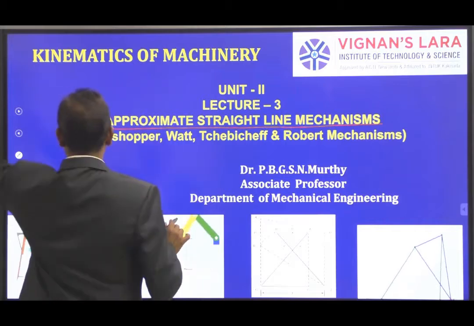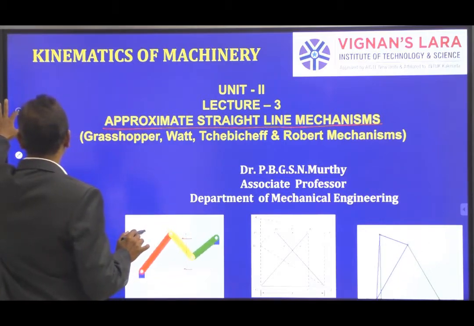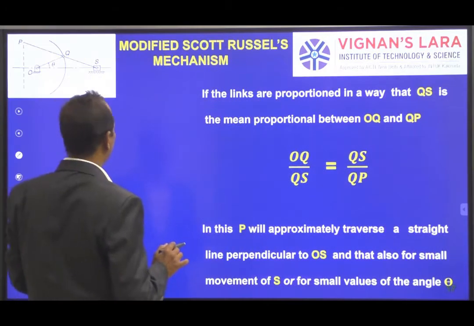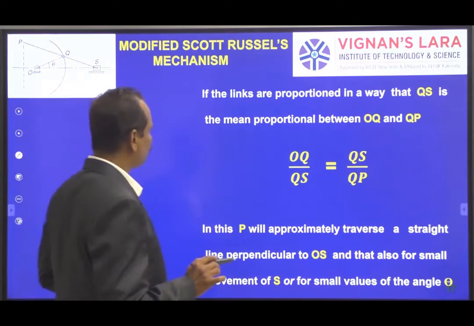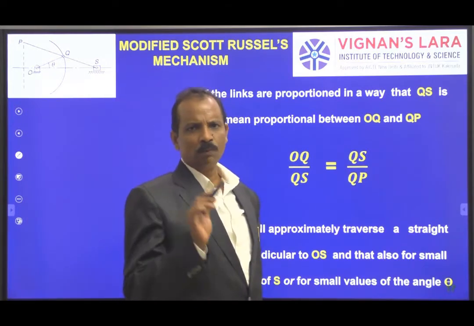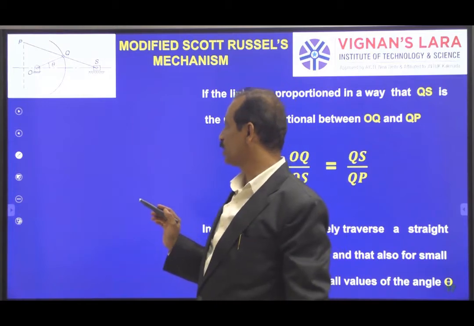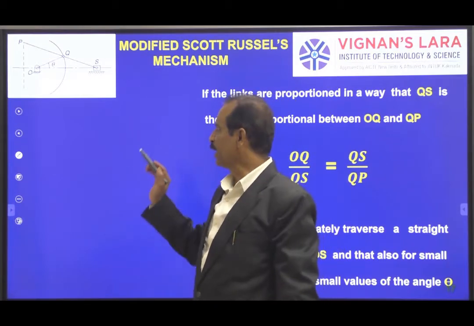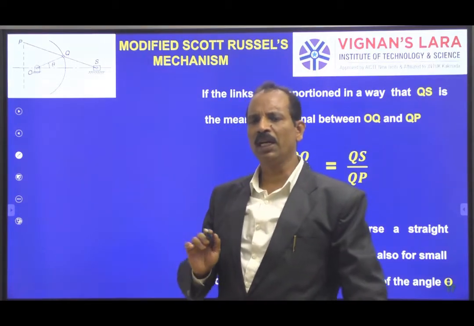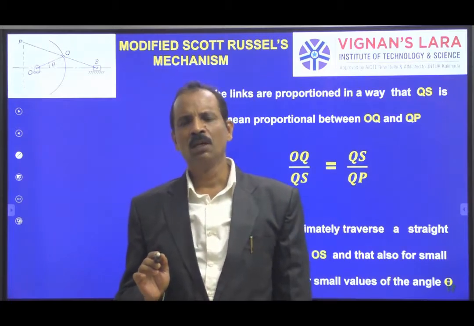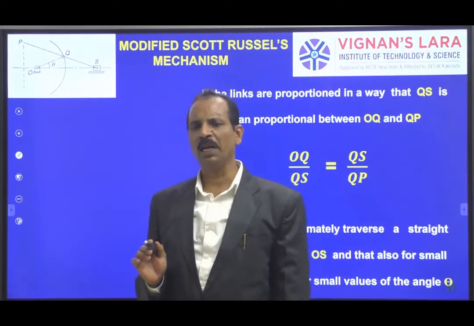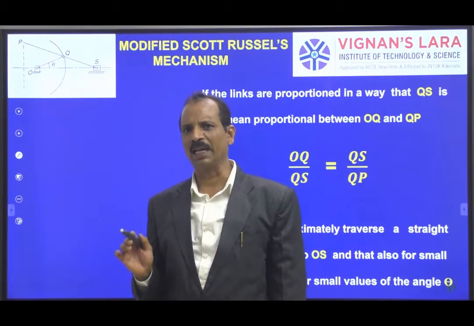So let us see one by one. The first one I will go for is the modified Scott-Russell mechanism. You can observe in the modified Scott-Russell mechanism, like in the previous mechanism, we have one sliding pair and the remaining are all turning pairs.